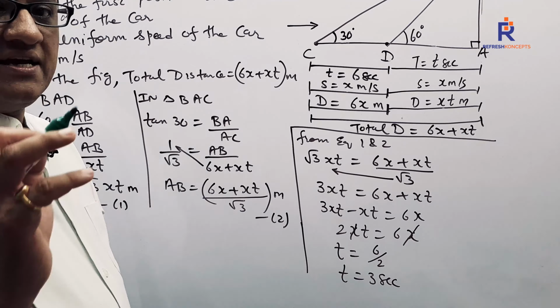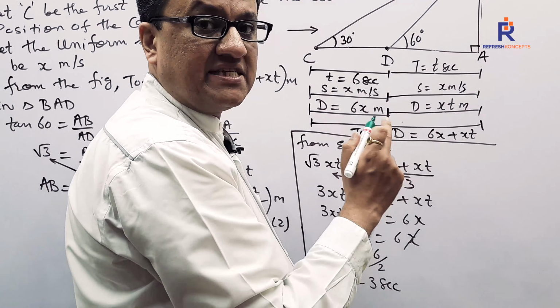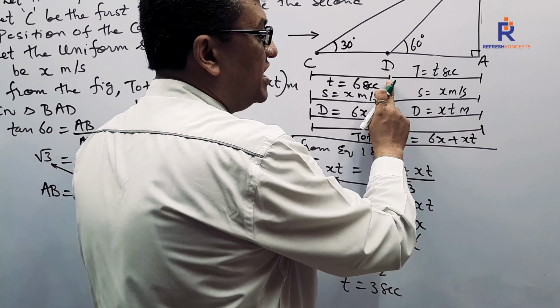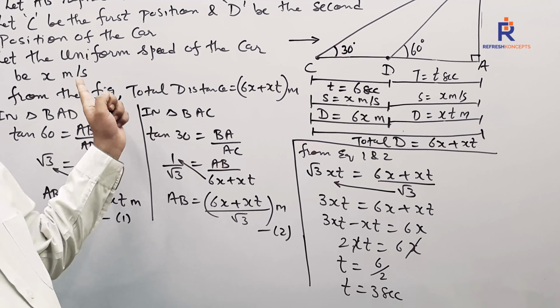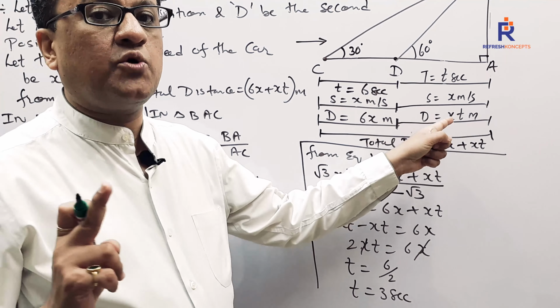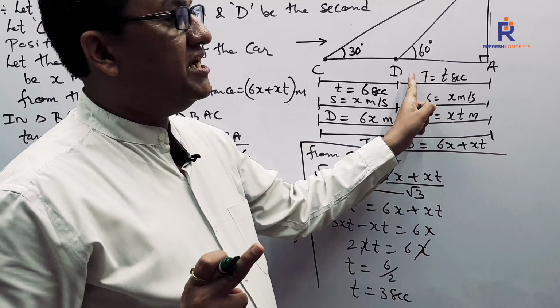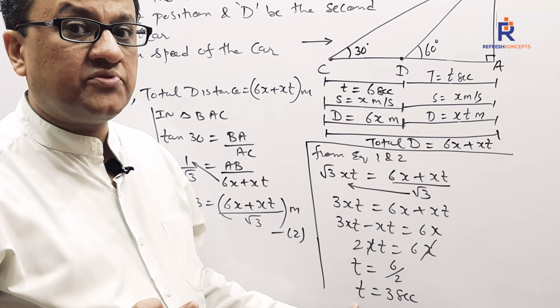Sir, what is t? As given in the figure, t is nothing but the time taken by the car to reach from D to point A. We did not mention it in our step, as I said, everything is given in my diagram. So t is the time required by the car to reach from D to point A. That's what we got, t as 3 seconds.